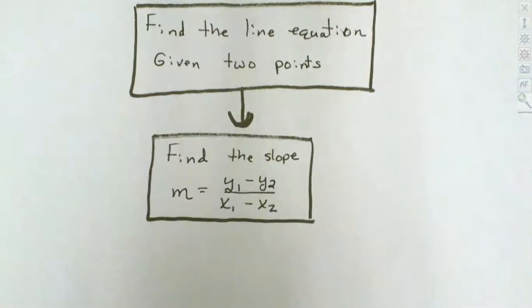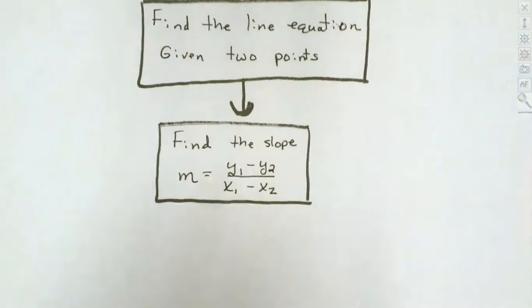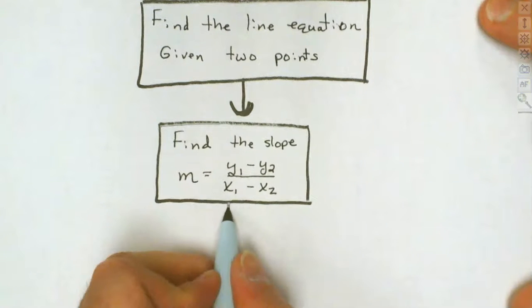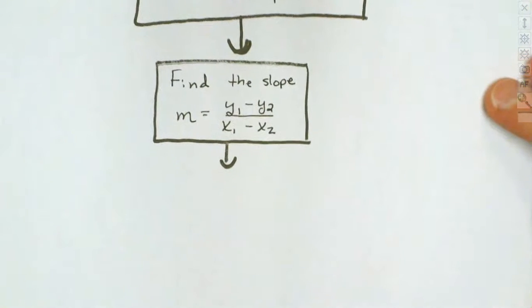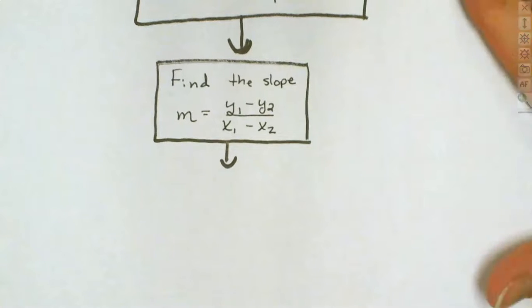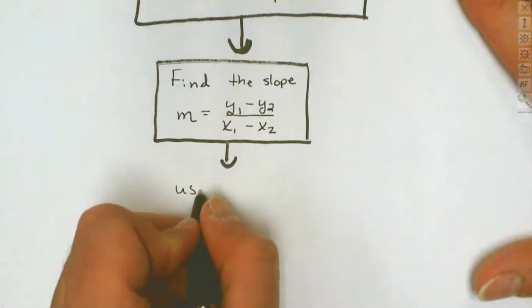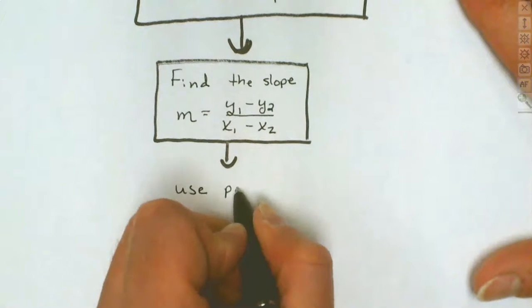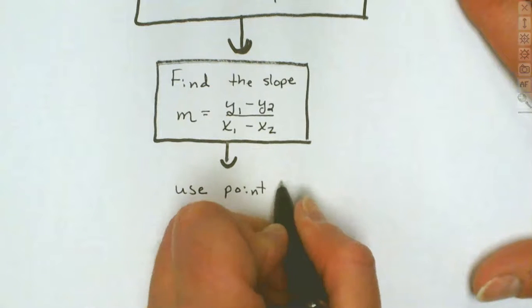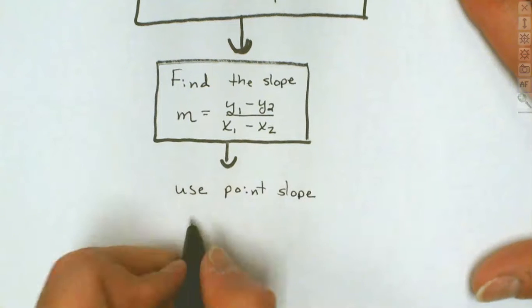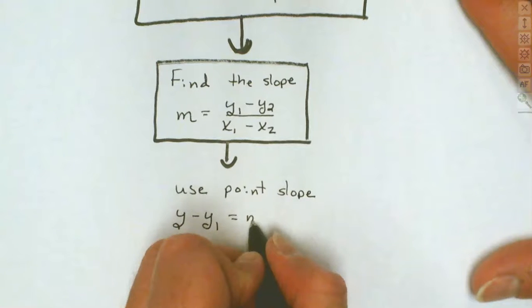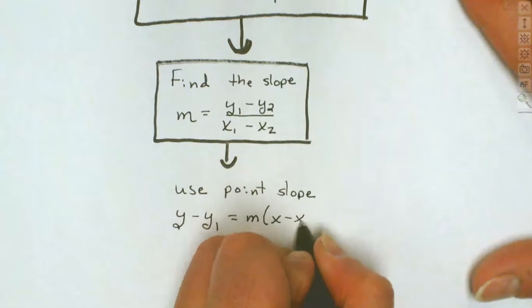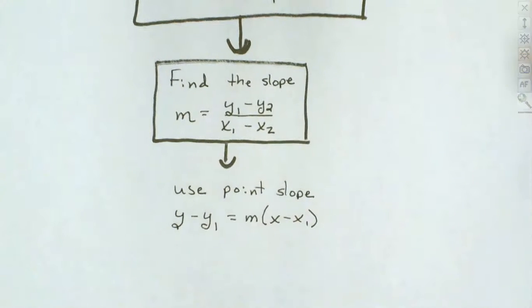So once we have that, then we can proceed to use point slope. So we find our slope, and then we use the point slope formula, which is y minus y1 equals m times x minus x1.